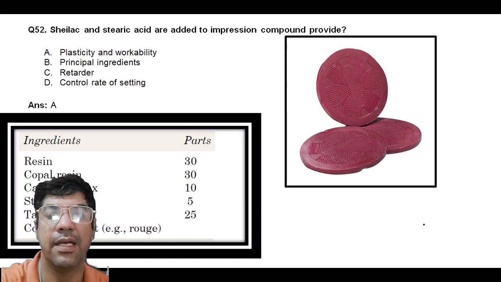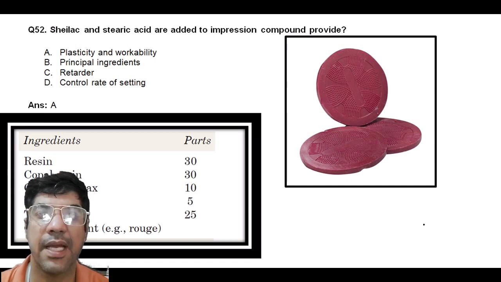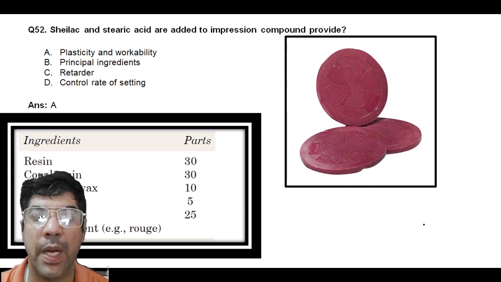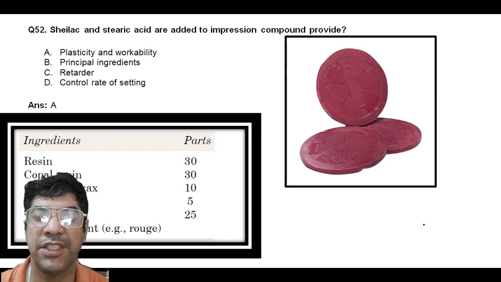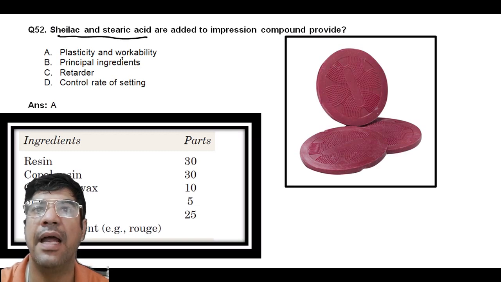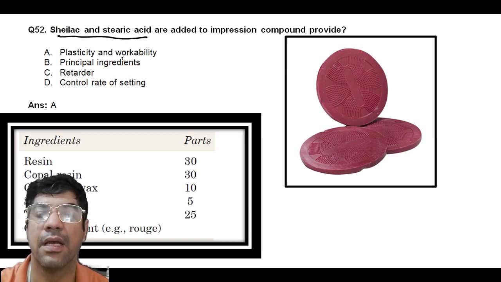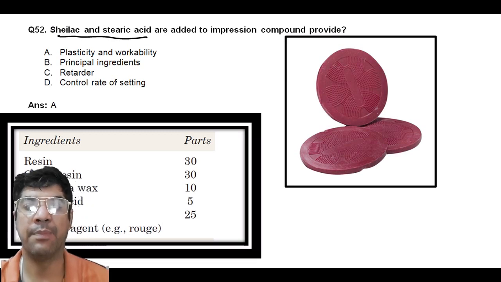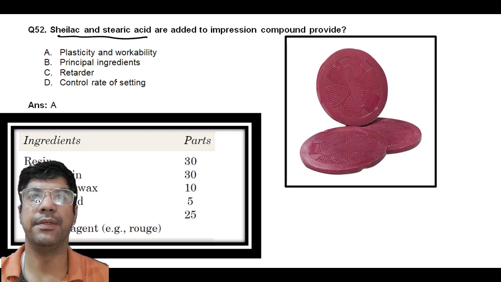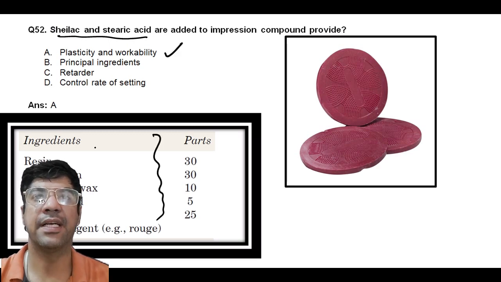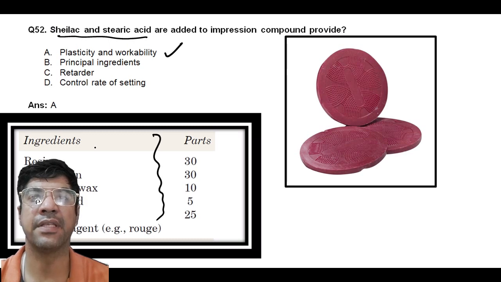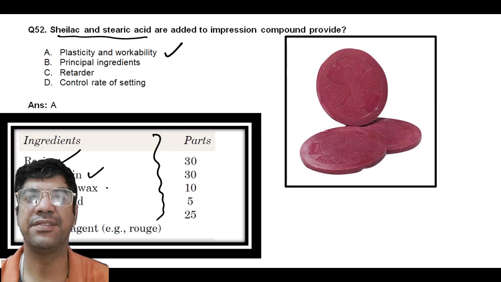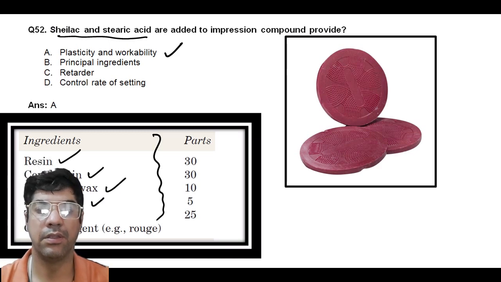Shellac and stearic acid are added to impression compound to provide plasticity and workability. These are the ingredients of the impression compound that you have to remember. It contains resins, copal resins, carnauba wax, stearic acid and talc.